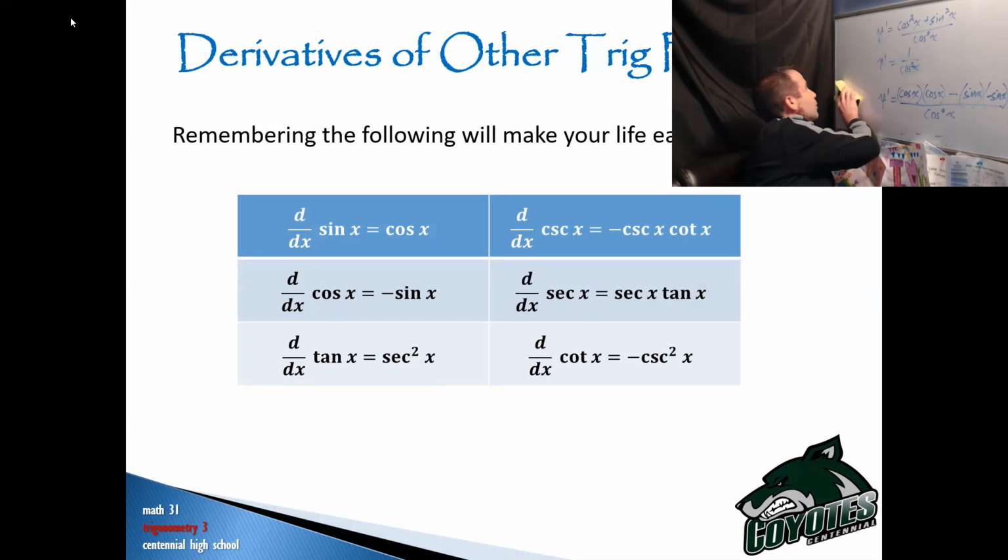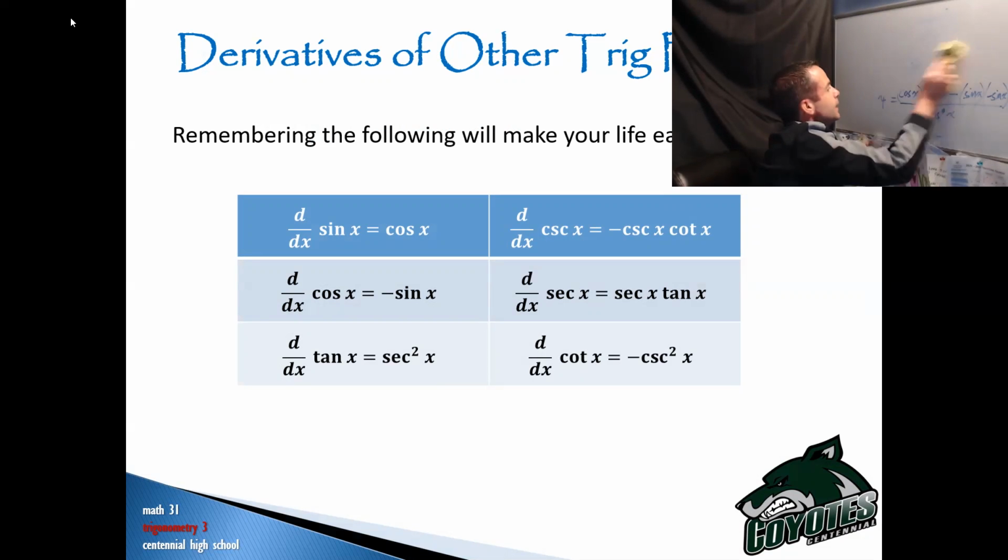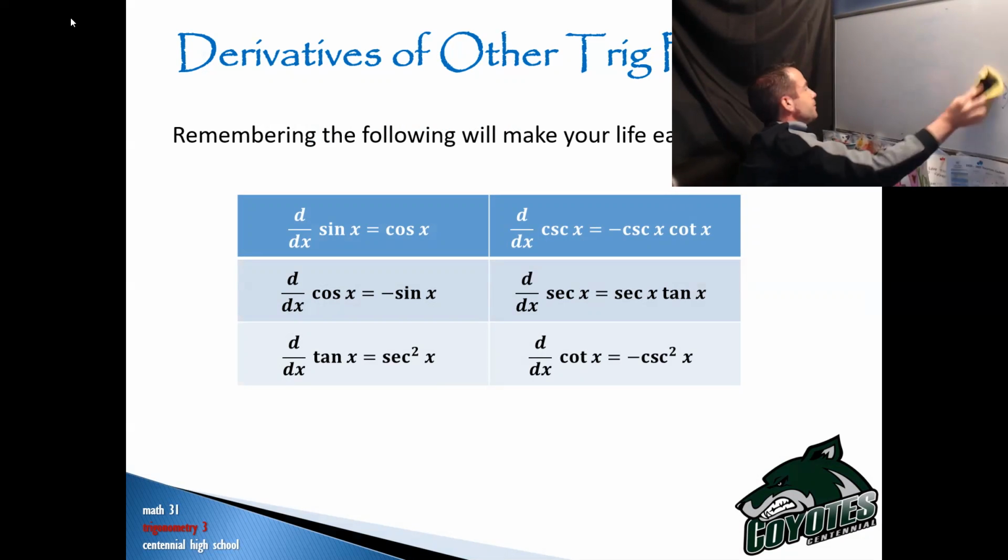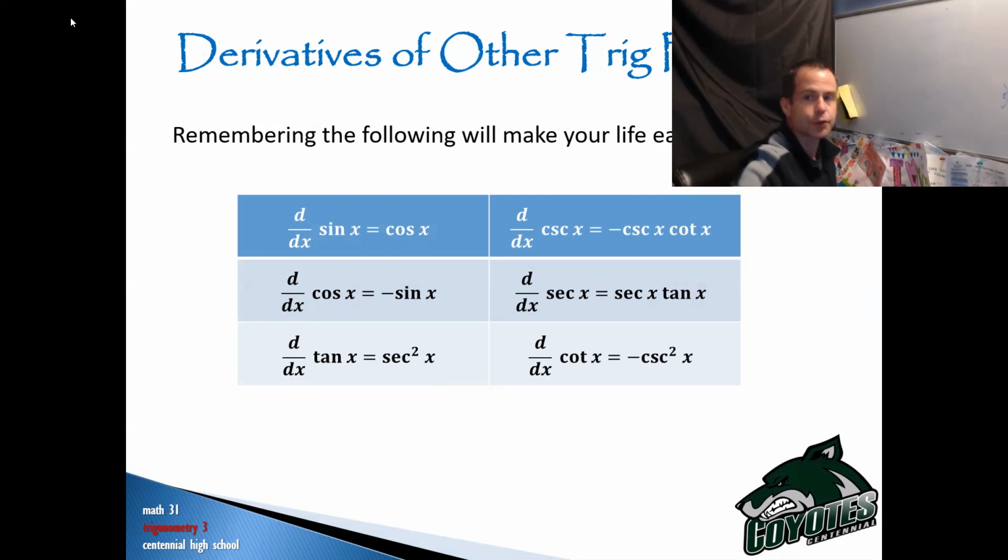Okay, I'm going to do one more with you, and that is cosecant. So I'm going to start with y equals cosecant of x. And I know that cosecant is 1 over sine. And so now I'm going to write that as sine x to the negative 1. Okay, so now I'm going to take the derivative of that.